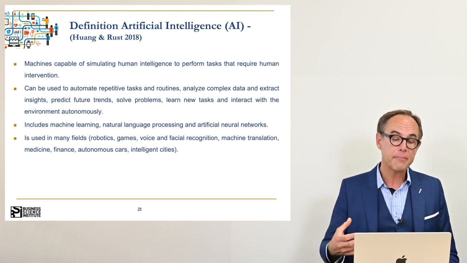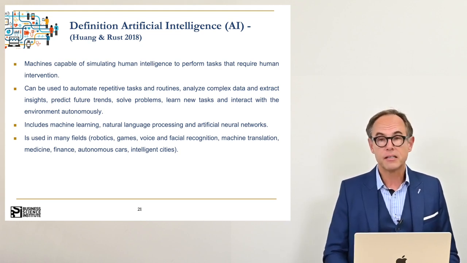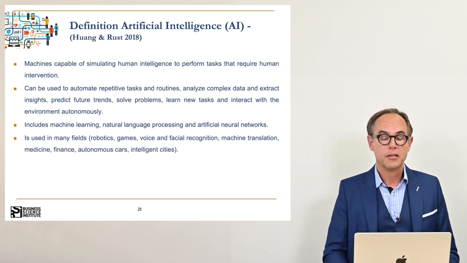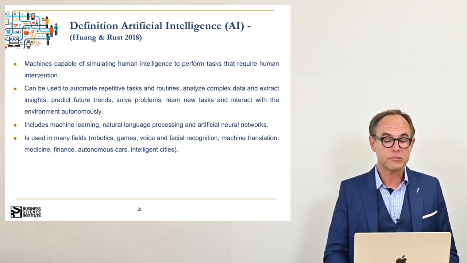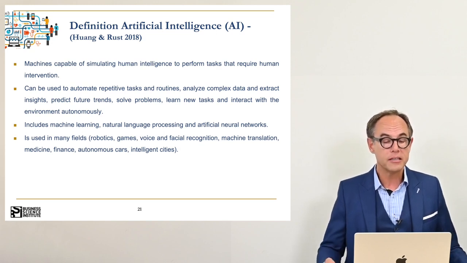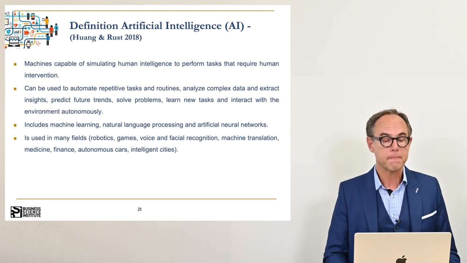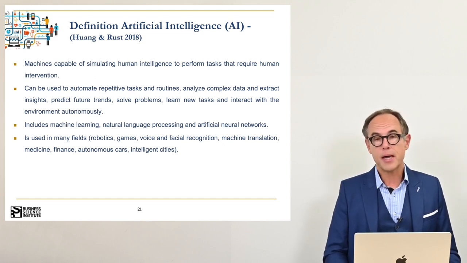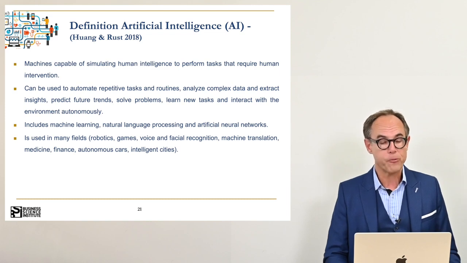The AI can be used to automatize repetitive tasks, routines, to analyze complex data, to extract insights, to predict future trends, solve problems, learn new tasks, and interact with the environment autonomously. AI includes machine learning, natural language processing, and artificial neural networks.